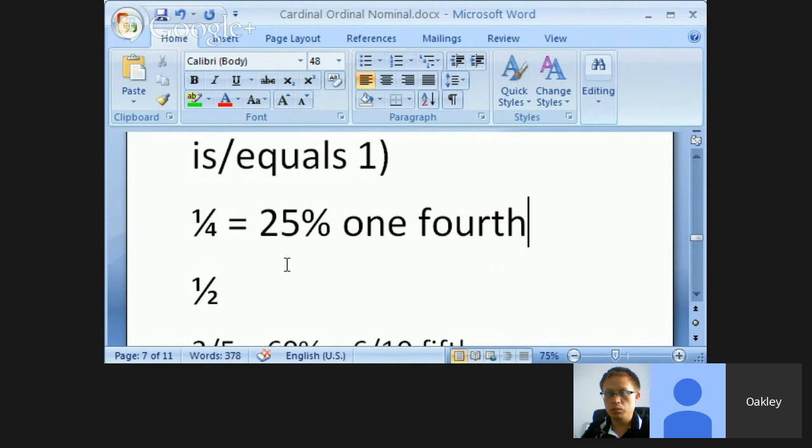Which, by the way, I know I'm using 4th, but this is actually a cardinal number. 1/3, 1/4, 1/5, 1/8. Doesn't matter. Those are still cardinal numbers when you say 1 whatever. 1/4. One second. That's exactly what I needed to point out. I can call this 1/4, or Zingyo, what else can I call this? 1/4.